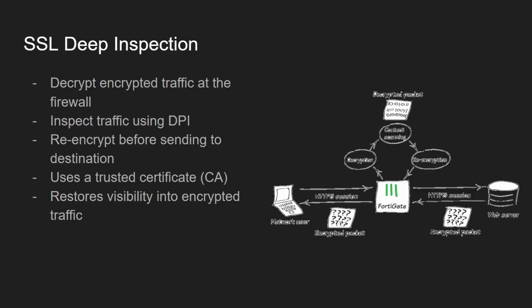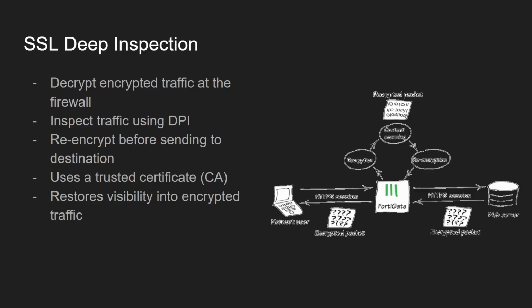When a user initiates an encrypted connection, instead of just passing that traffic through, the firewall intercepts it and decrypts it, and now that the traffic is decrypted, the firewall can perform full deep packet inspection. Once the inspection is complete, the firewall re-encrypts the traffic and sends it to the destination. So we're restoring visibility into this encrypted traffic.